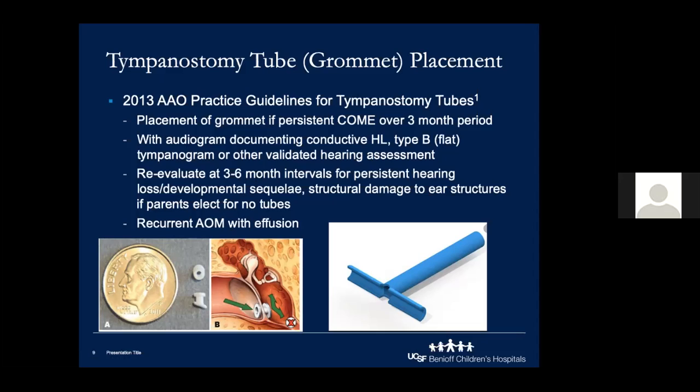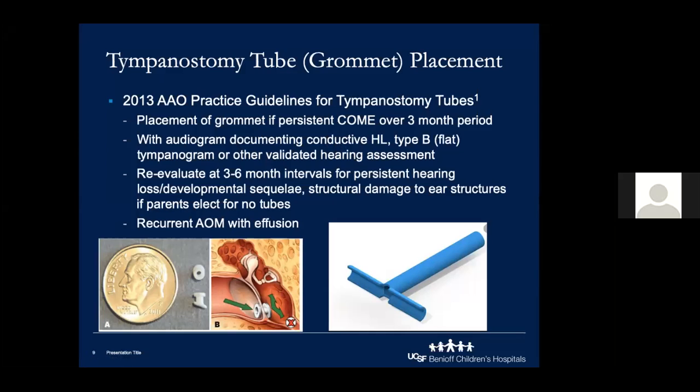There are also other validated hearing assessments, including questionnaires for parents with questions related to a child's ability to hear and communicate. Using these two pieces of diagnostic information in conjunction is our threshold for placing tubes.